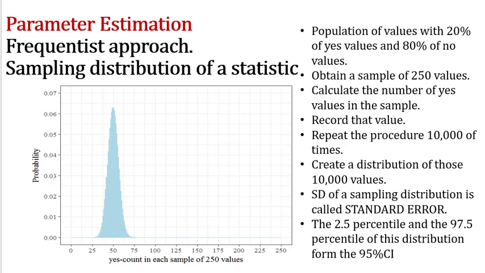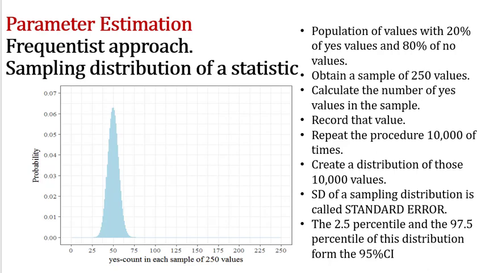So how many yeses we have in a sample. So in our sample there were 50 out of 250, or 20%, or 0.2, a proportion of 0.2.